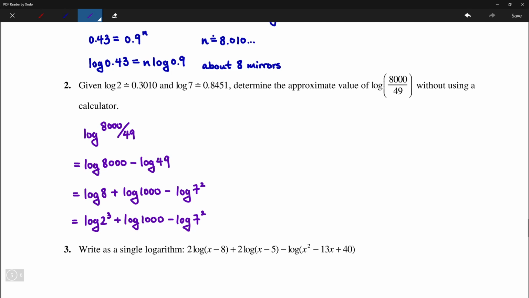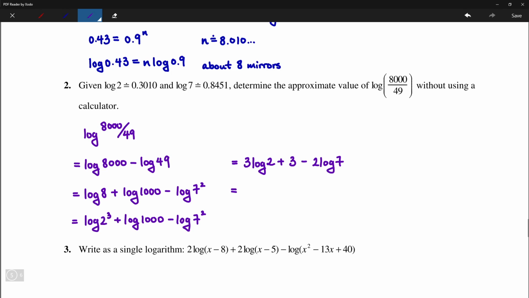So from there, we can use the power rule to move the 3 to the front of the first logarithm. We can rewrite log 1,000 as 3, since the base is 10 there. And we can rewrite the last logarithm as 2 log 7.